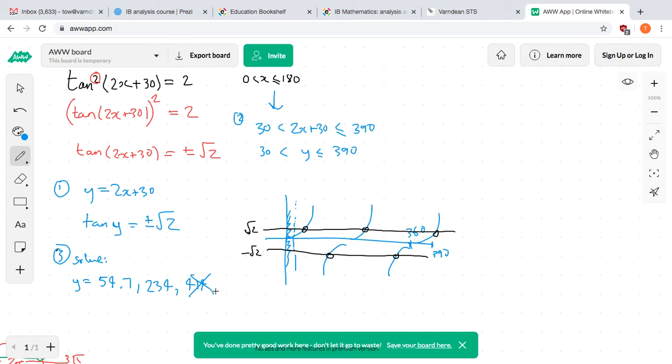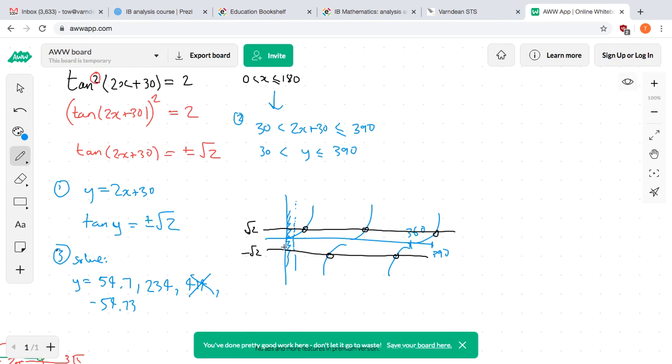And there's those other ones where it's negative root 2, so we'll do it again, inverse tan of negative root 2. Minus 54.73. Okay, that's outside of the range.